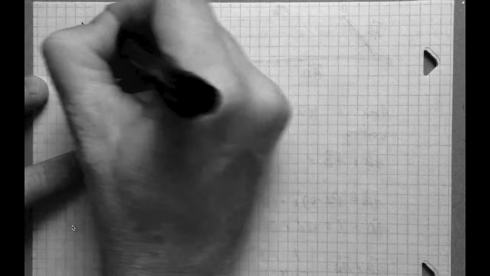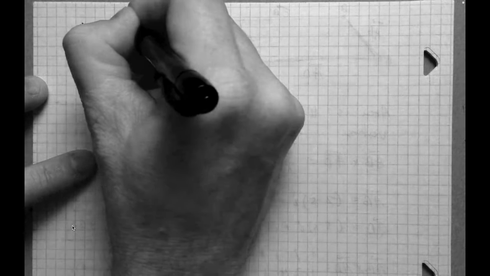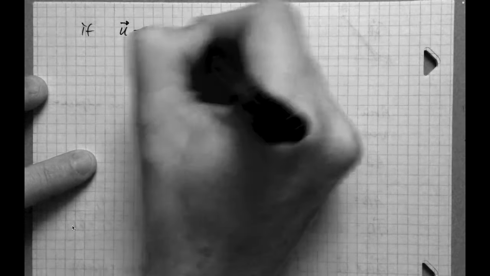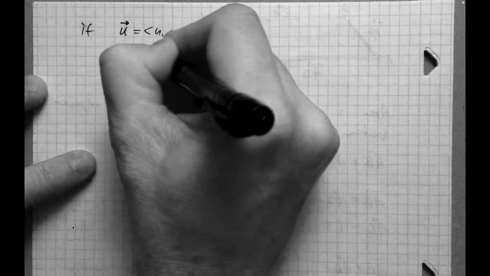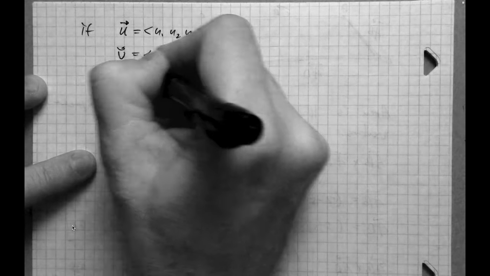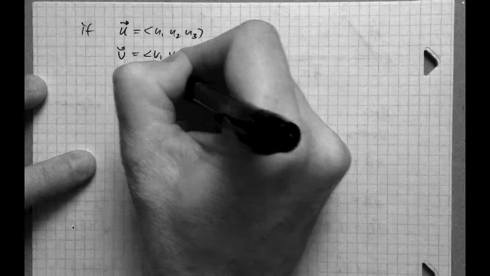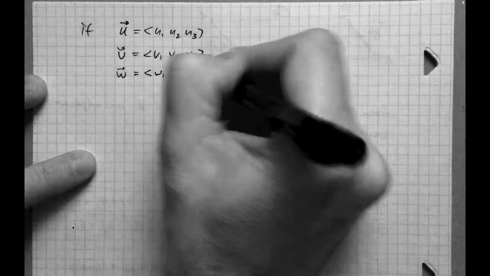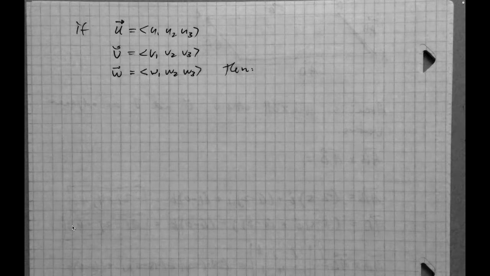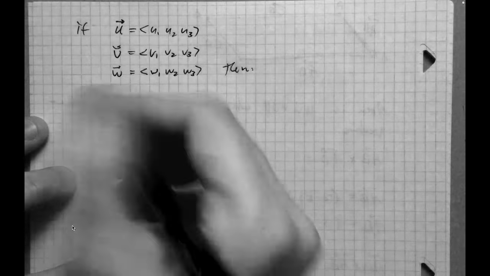So if u is equal to u1, u2, u3, v is equal to v1, v2, v3, and w is naturally w1, w2, w3, then we can calculate the triple scalar product using this nice little technique.